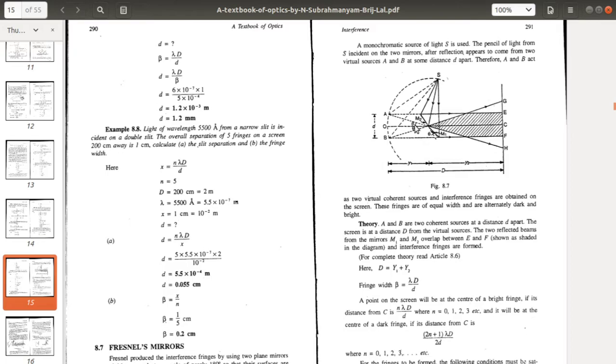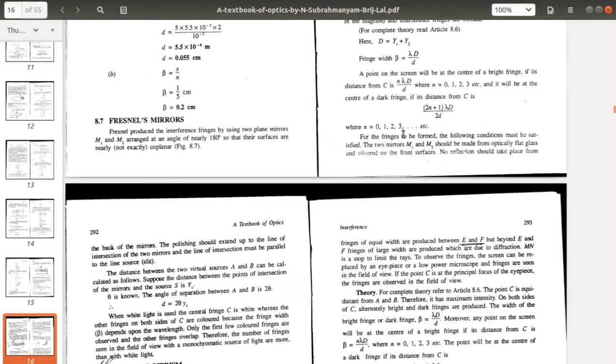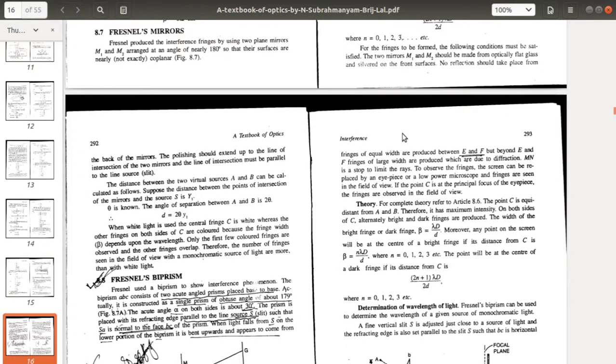So the total angle between these two lines, that is, the light from these two virtual sources, is 2 theta. So we have A, M, B. In the triangle, angle AMB is 2 theta. So the angle of separation between A and B is 2 theta.